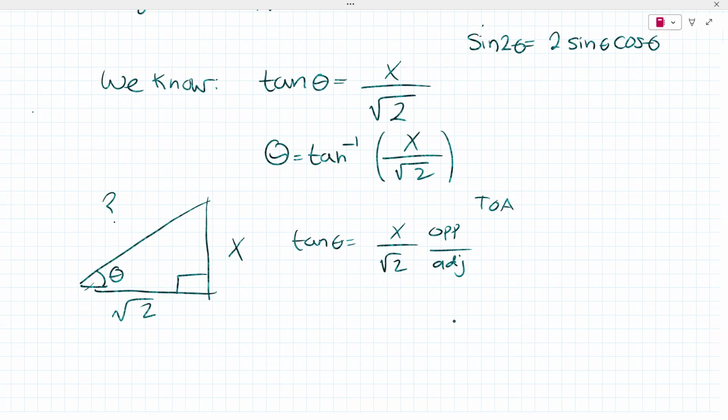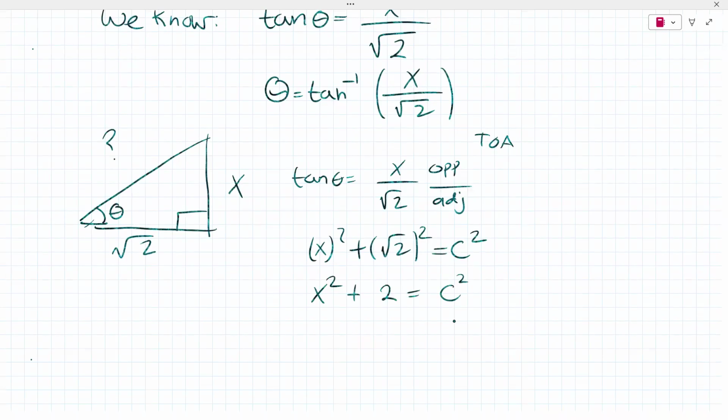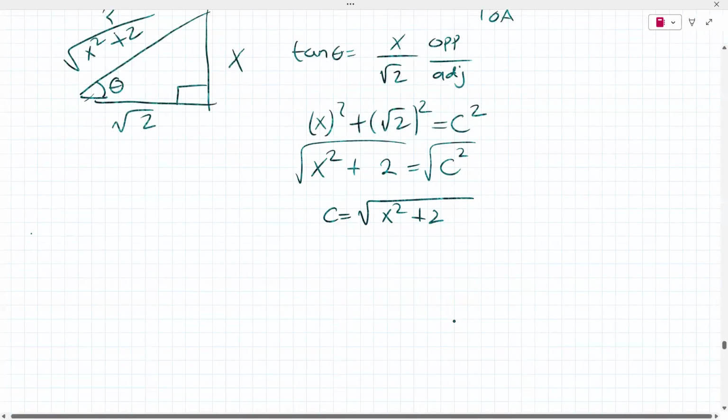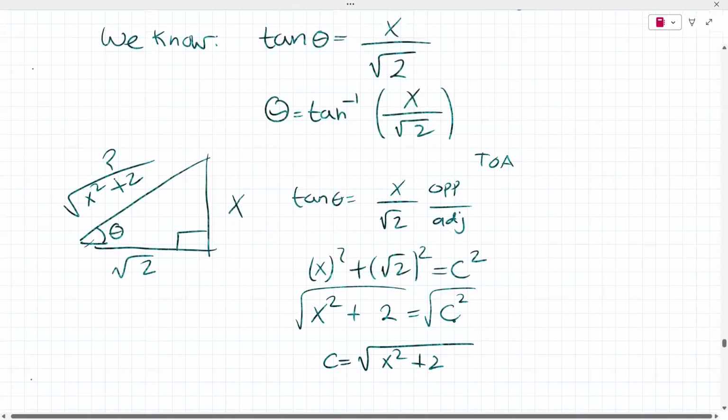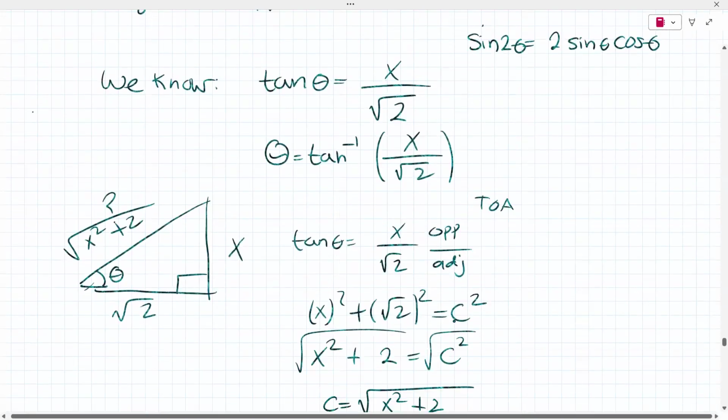Find the missing hypotenuse by applying the Pythagorean theorem. So it's x squared plus radical 2 squared equals c squared. So x squared is x squared, radical 2 squared is 2, equals c squared. Solve for c by taking the square root.